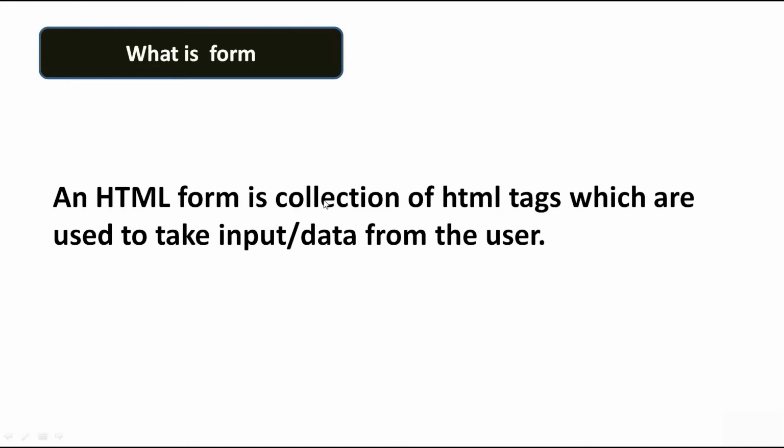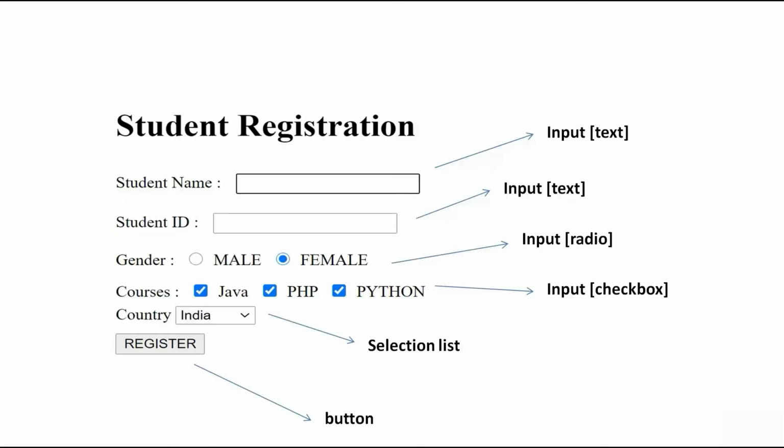So in form also we have some child tags that are used to collect the data or input from the user. So in every HTML form there will be at least one child element which is used to take input from the user. So now let's see the form example. You can see this is the normal HTML form and this is the student registration form.